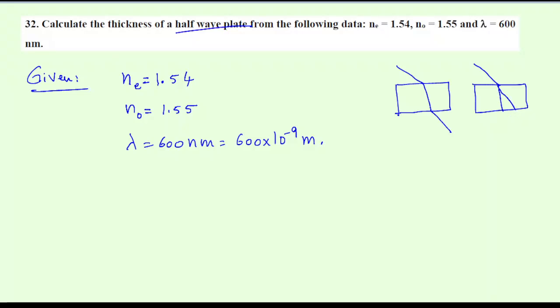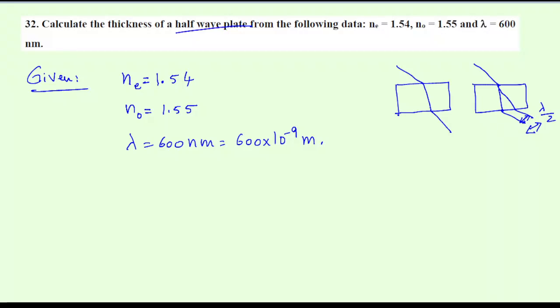Okay, there are different characteristics of ordinary ray and extraordinary ray. Now, the half wave plate is such a material whose thickness is such that the path difference between the ordinary ray and extraordinary ray will be lambda divided by 2. That is, a birefringent material divides a light wave into two components.